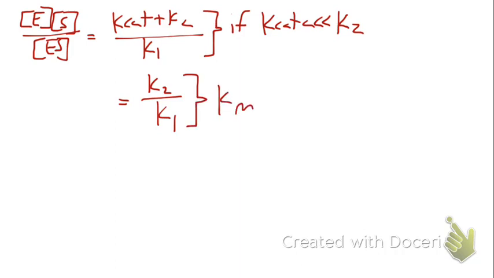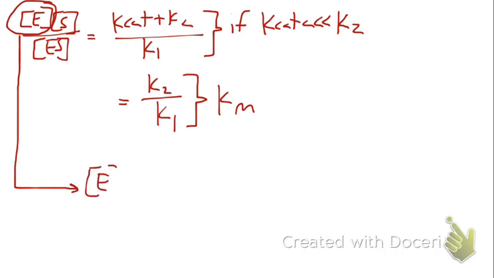This is Km, or the Michaelis constant. Now let's look over at the concentrations. This concentration of E, draw it over here, is E free, the amount of the free enzyme in our reaction.